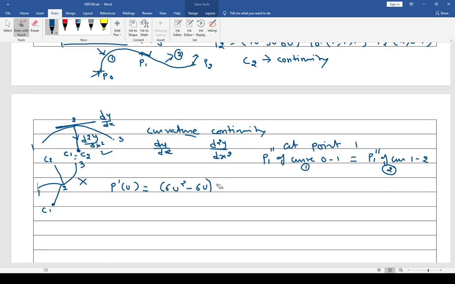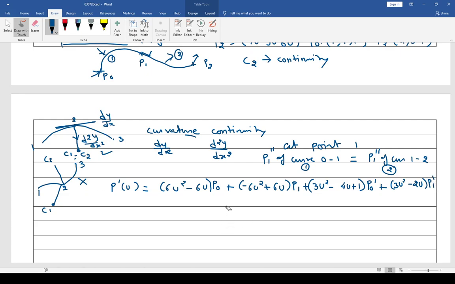Now the icon has changed, I don't have an issue. So 6u, so it is p0, plus minus 6u square plus 6u p1, plus 3 times u square minus 4u plus 1, then I have p0 dash plus, what is that value, 3u square minus 2u into p1 dash.